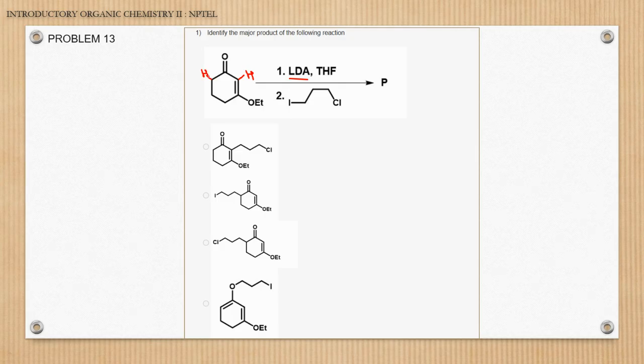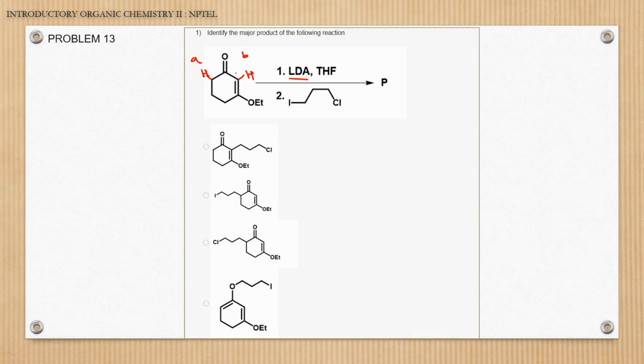Tell me which is stable. Left side. I have to mark it A or B. So is it A or B? A. So LDA will abstract a proton from the HA position.